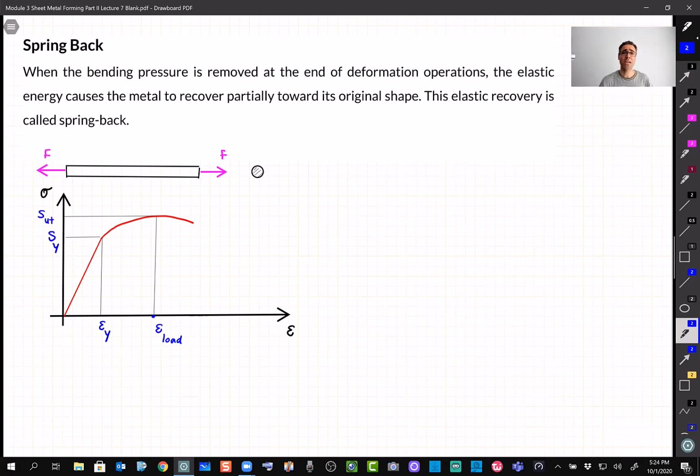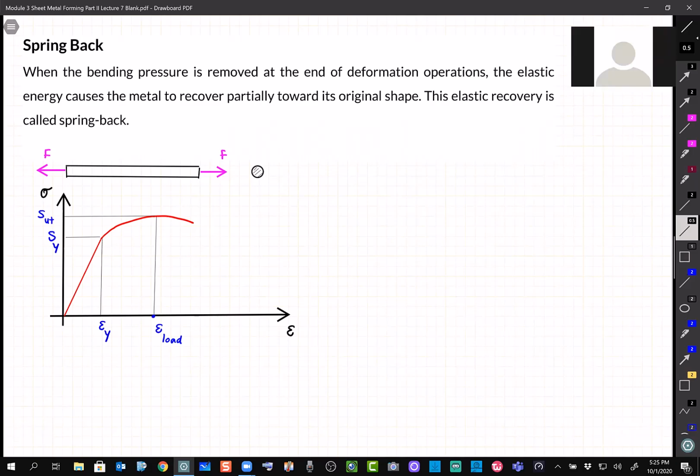Does the material return back to its original shape, or does it stay where I am? Do you know the answer? Josh, do you have any idea? If I release the load now here, do I get epsilon load, does the material stay at that point, or return back to 0?